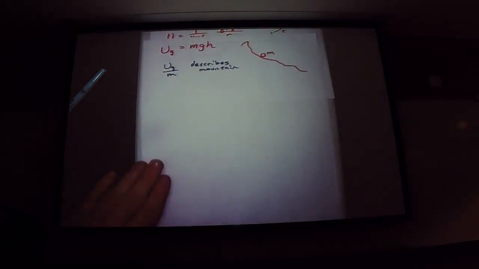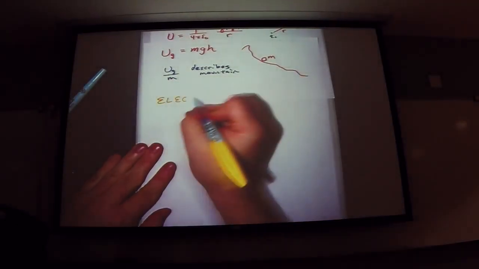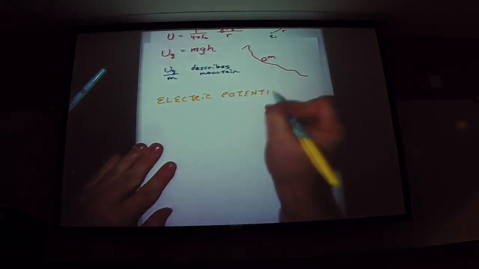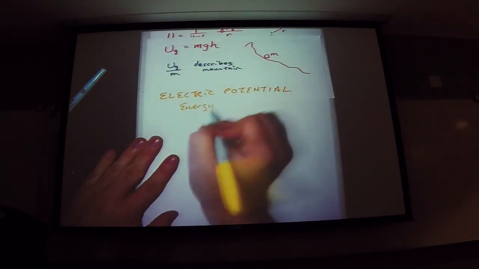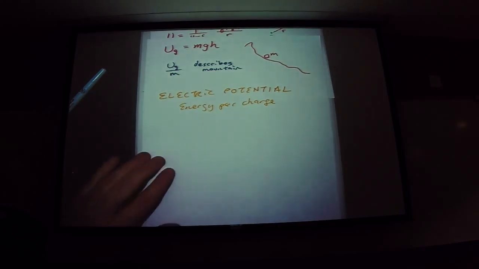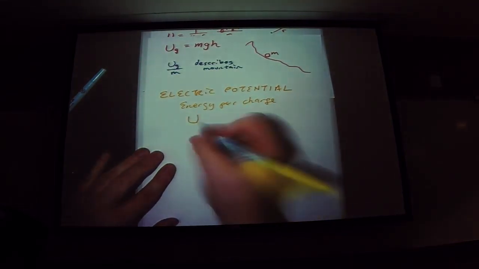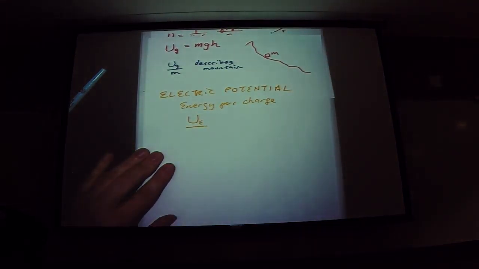And so what we do is we define what we call electric potential as energy per charge. So we define electric potential as being the electric energy divided by not mass, but charge Q.